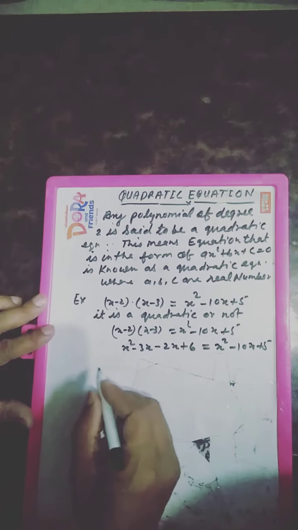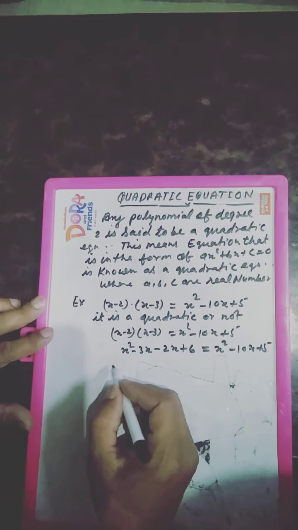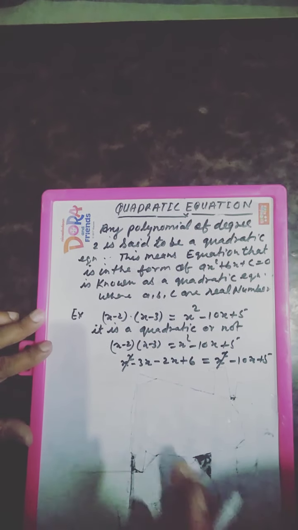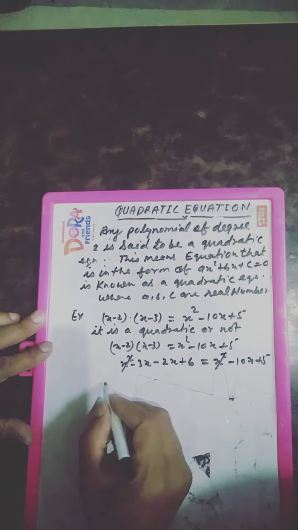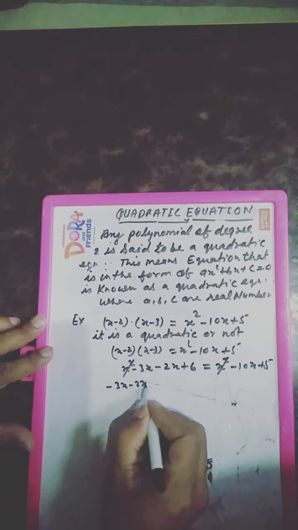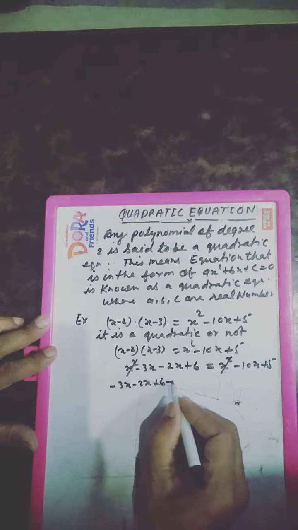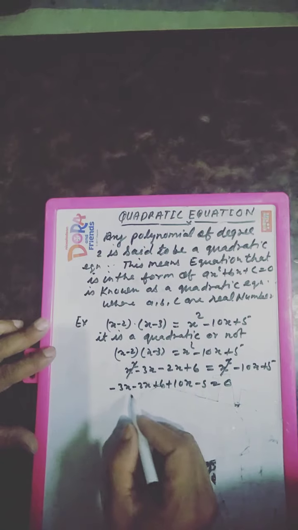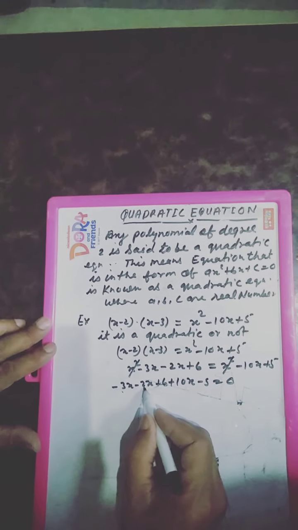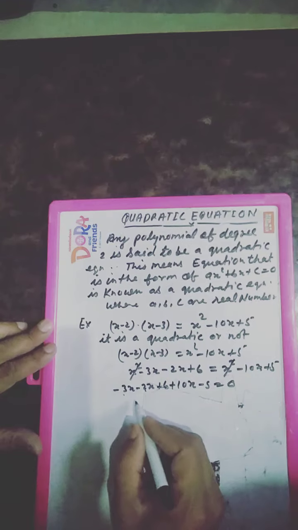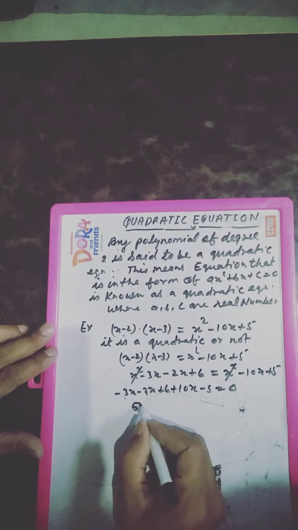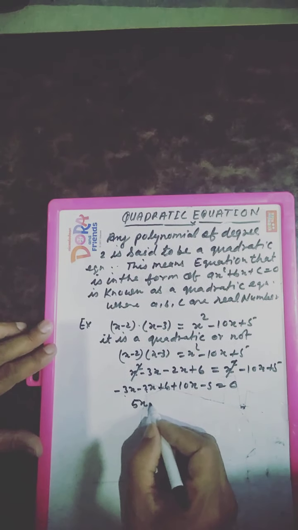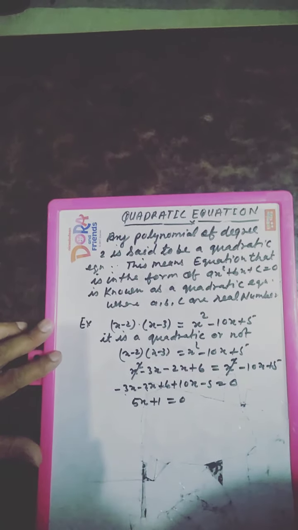Arrange all variable and constant in one side, so like terms on both sides will cancel out first of all, so x square is cancelled out. The remaining part we write down in the left hand side, so minus 3x minus 2x plus 6 plus 10x minus 5 is equal to 0. So minus 3 minus 2 plus 10 is equal to 5x. Similarly, plus 6 minus 5 gives plus 1, is equal to 0.